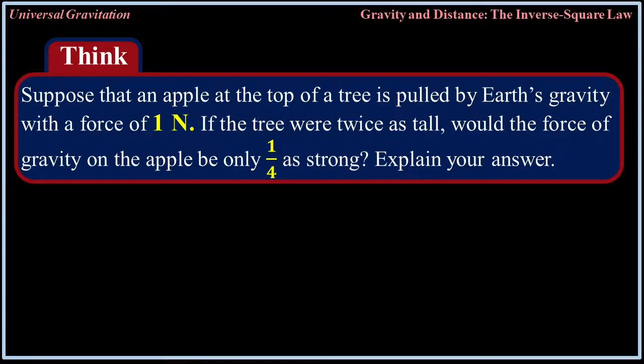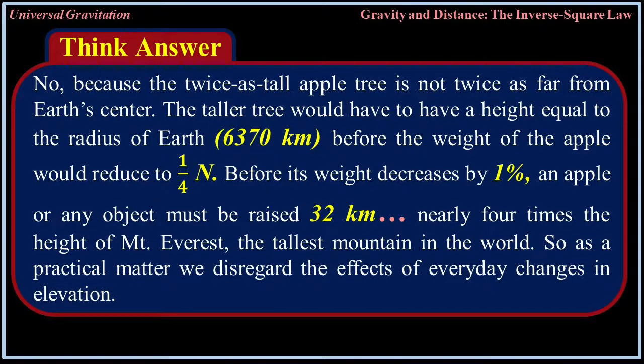Explain your answer. No, because the twice as tall apple tree is not twice as far from Earth's center. The taller tree would have to have a height equal to the radius of the Earth, or 6,370 kilometers, before the weight of the apple would reduce to 1/4 newton.